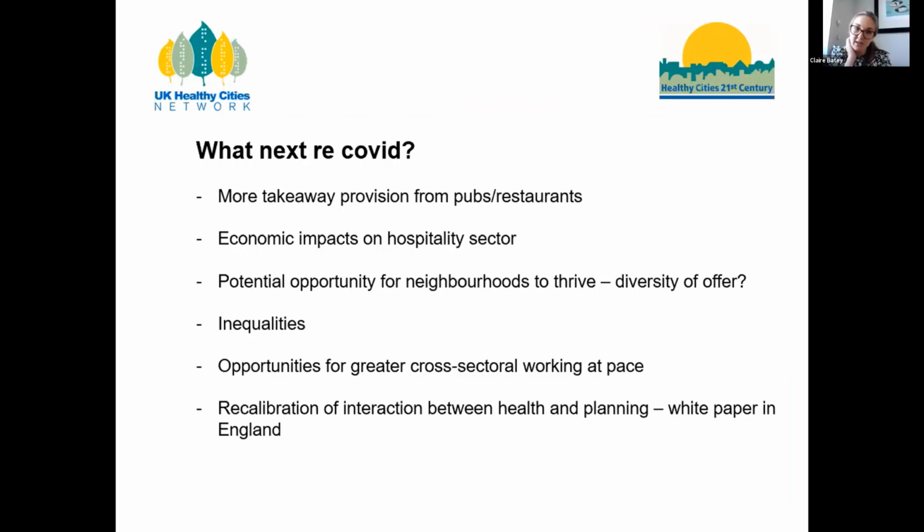But thinking a little further ahead, what's going to happen in terms of takeaway provision after next year? What might be the economic impacts on the hospitality sector, which bits of the sector might be more impacted than others? Might takeaways be more resilient, might we see more takeaway provision? And then looking at some of the other effects, like the potential for local neighbourhood type outlets, thinking wider than takeaways, in different classes, that might be able to thrive.